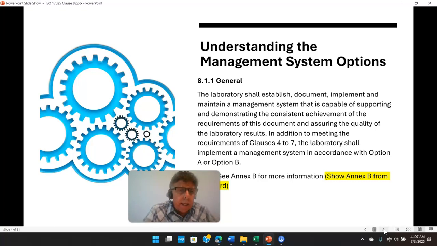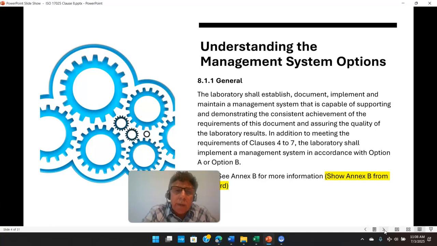In section 8.1.1 of the standard, we go right into: the laboratory shall establish, document, implement, and maintain a management system that is capable of supporting and demonstrating the consistent achievement of the requirements of this document, meaning ISO 17025, and assuring the quality of the laboratory results.